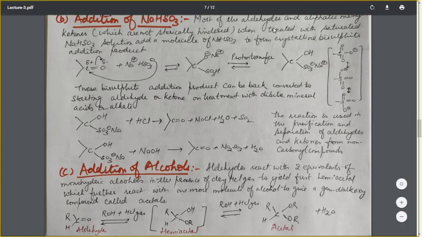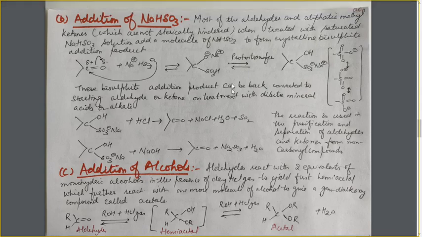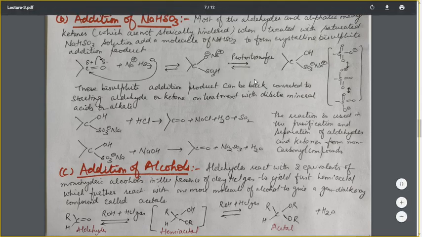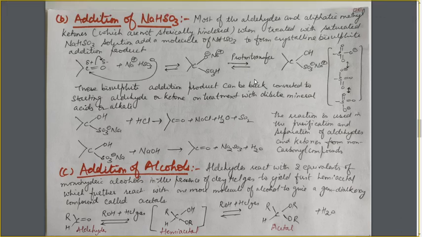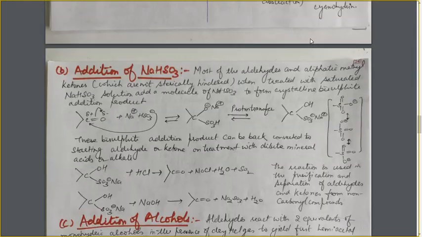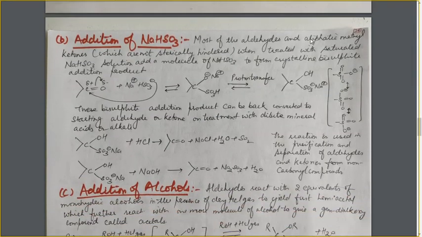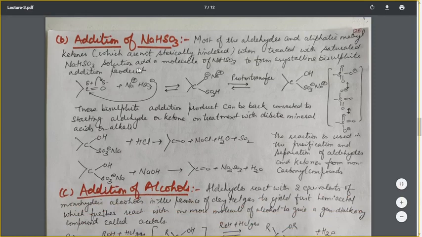Most of the aldehydes and aliphatic methyl ketones, which are not sterically hindered, when treated with saturated NaHSO3 sodium bisulfite solution, add a molecule of NaHSO3 to form the crystalline bisulfite addition product.